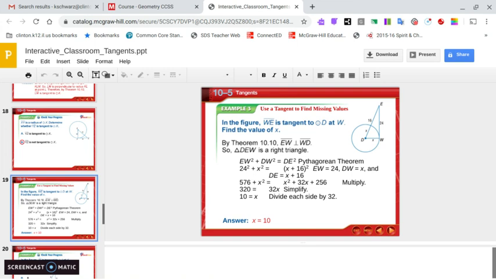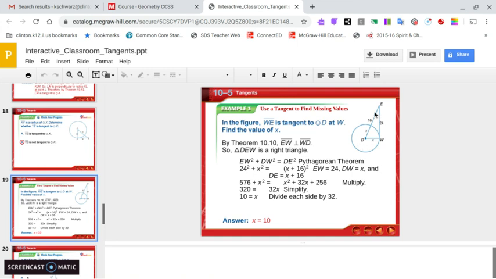Really nicely, the X squared minus X squared is gone. Then we have 576 equals 32X plus 256. We subtract 256, which gives us 320 equals 32X. Then we divide by 32 and we get X equals 10.